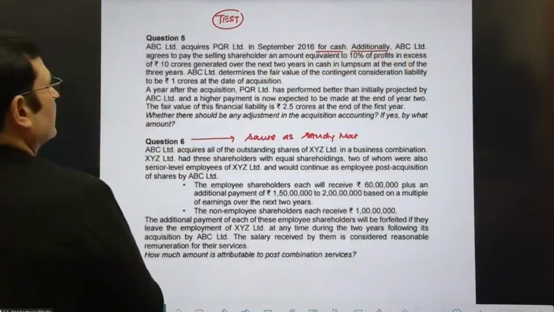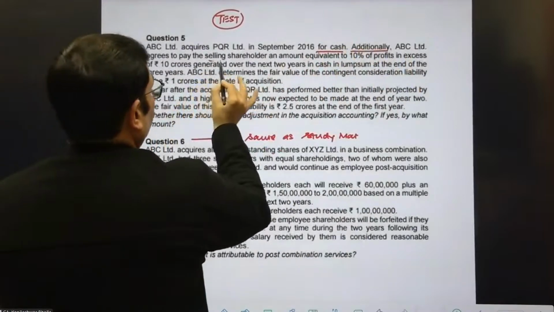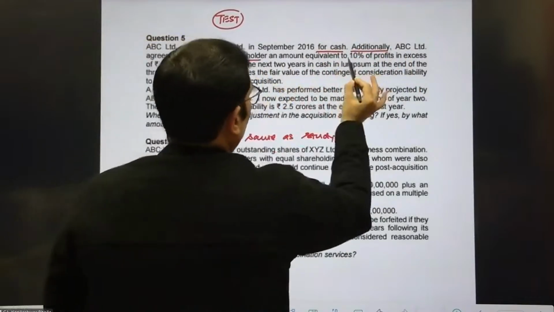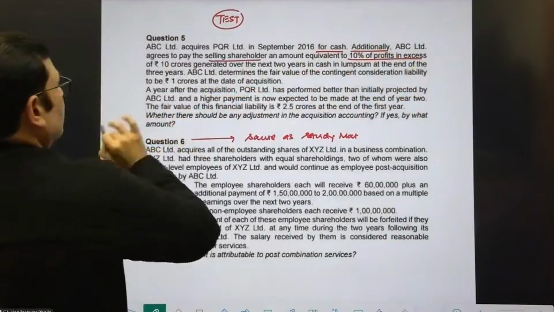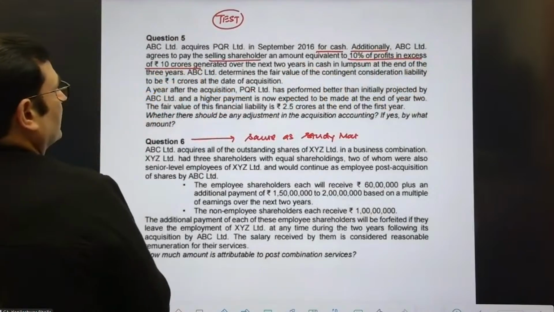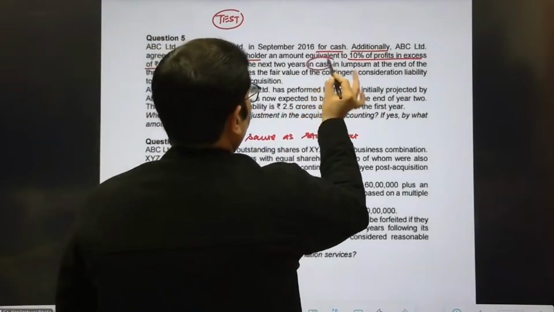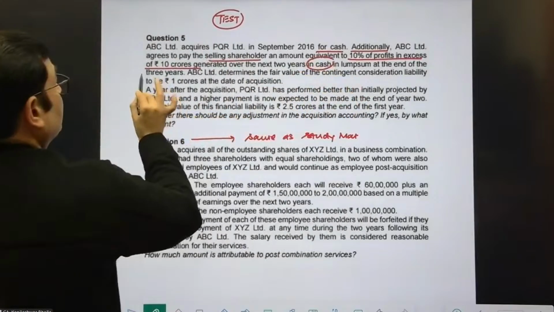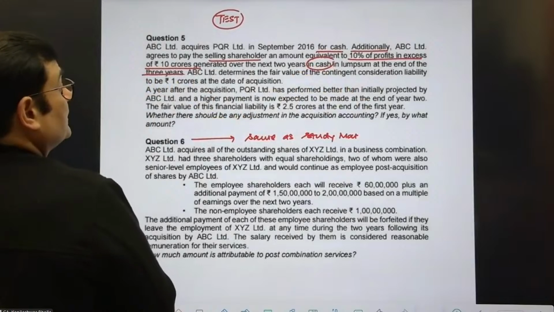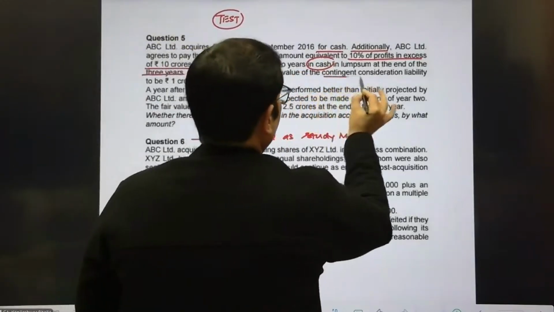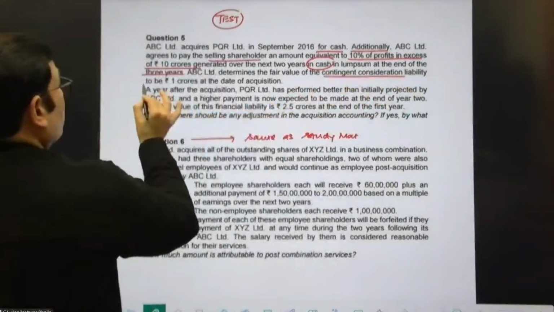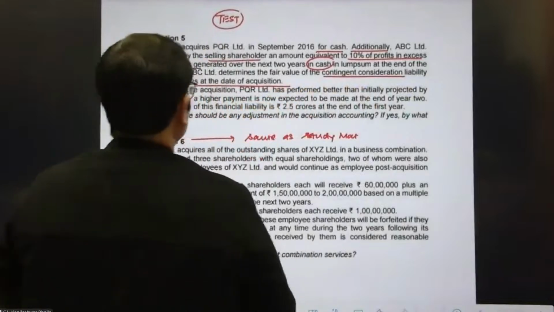Additionally, ABC agrees to pay the selling shareholders an amount equal to 10% of the profits in excess of 10 crores generated over the next 2 years, in cash at the end of 3 years. ABC determines the fair value of the contingent consideration liability as 1 crore at the date of acquisition.